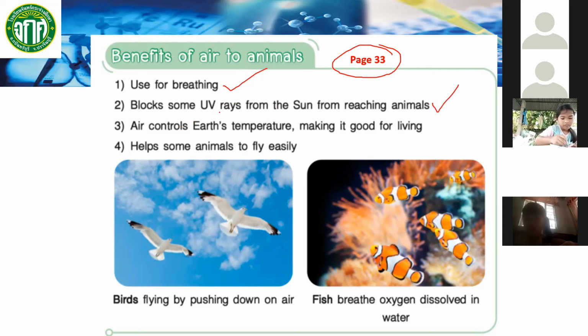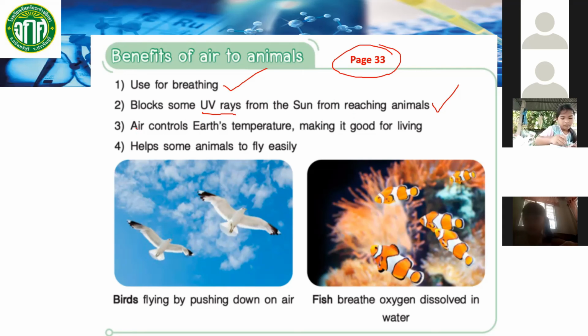Last time we said that UV rays are dangerous to us, right? It is also dangerous for animals. That's why the air will block these UV rays from the sun, to keep them protected.